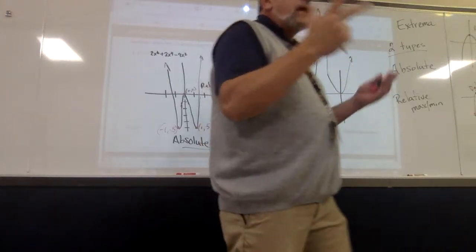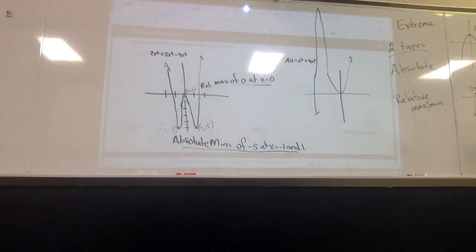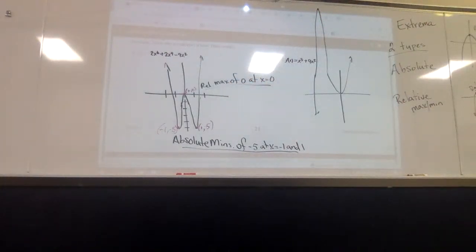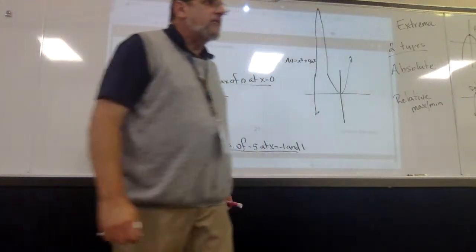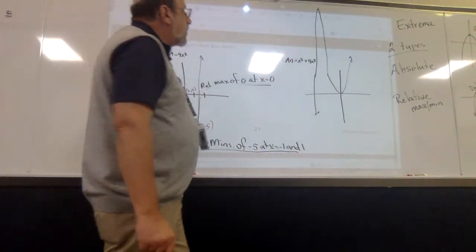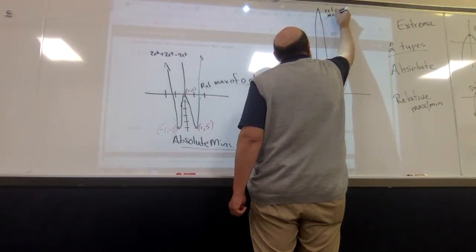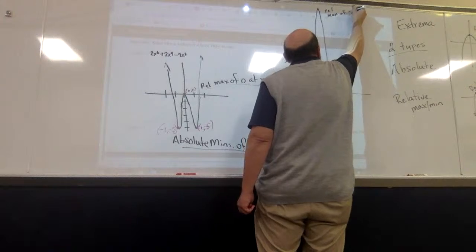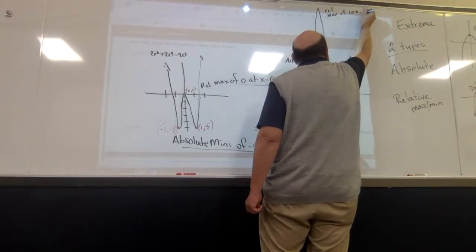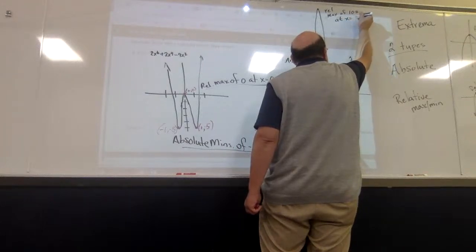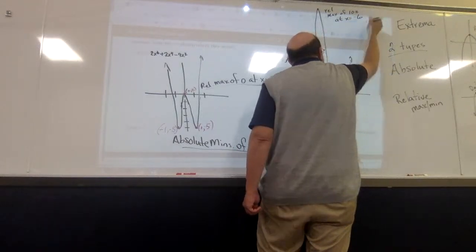So it has a relative maximum between -6 and -5. I think it's right at -6. Yeah, right at -6. So it has a relative max of 108 at x equals -6.